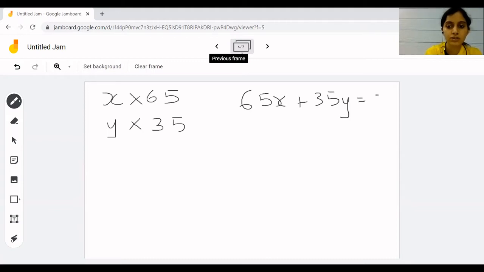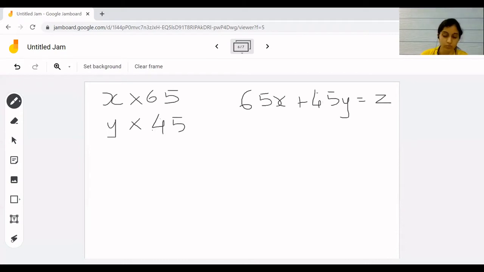I'll call this function Z. So Z is equal to 65x plus 45y. Then the total profit to the manufacturer is Z equal to 65x plus 45y.